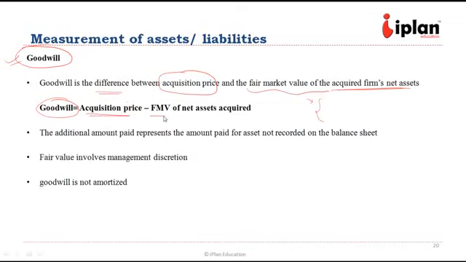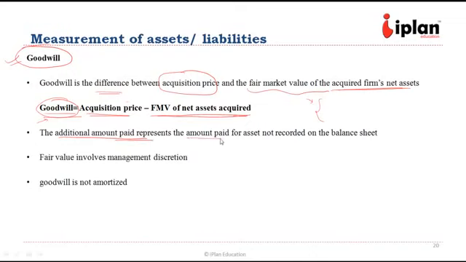So it can be simply calculated as acquisition price minus fair market value of net assets which are being acquired. If there was no acquisition, we can never know the value of goodwill in the balance sheet. So it can be recognized only in the case of acquisition.